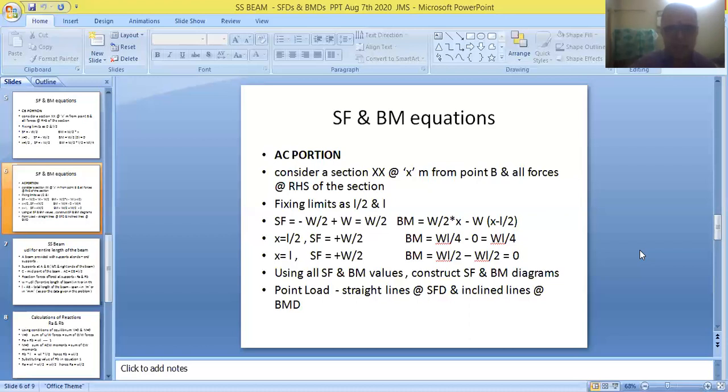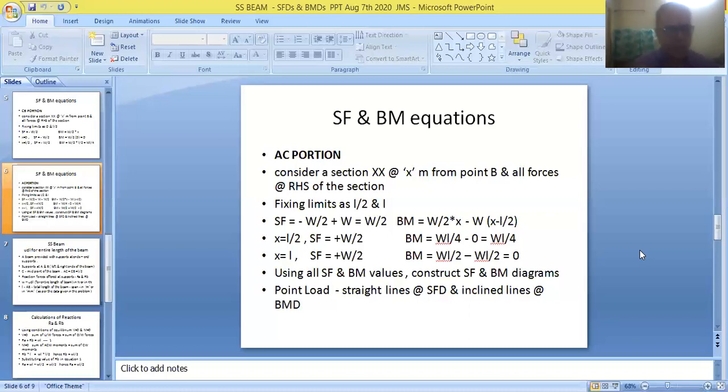And in this case, the first value of BM is obtained as WL by 4, and the second value is obtained as 0. So now friends, you take all the SF and BM values of all the portions. Very easily we can construct SF and BM diagrams.